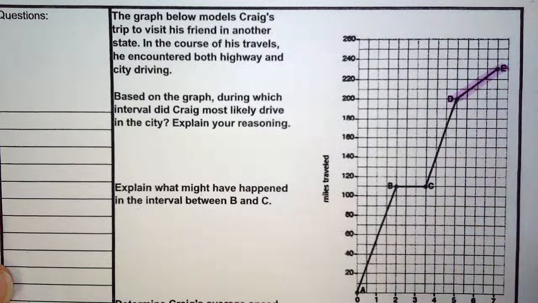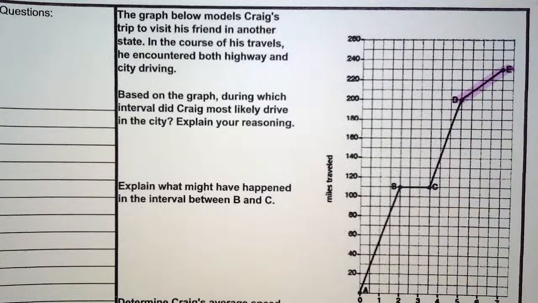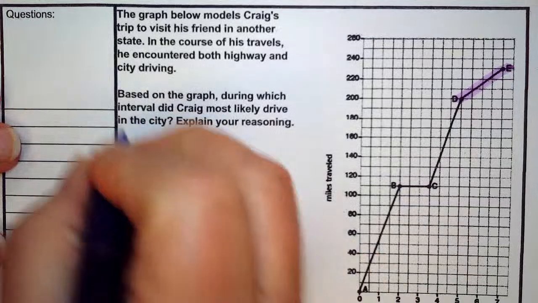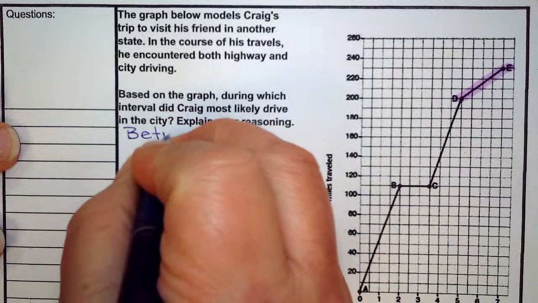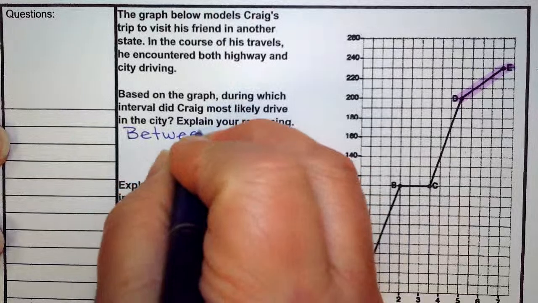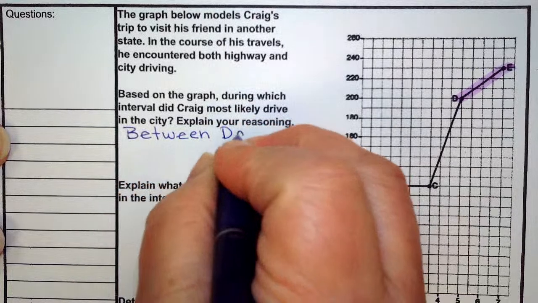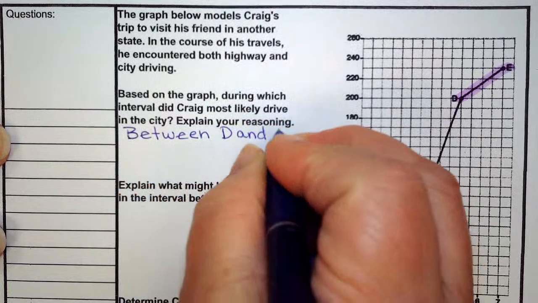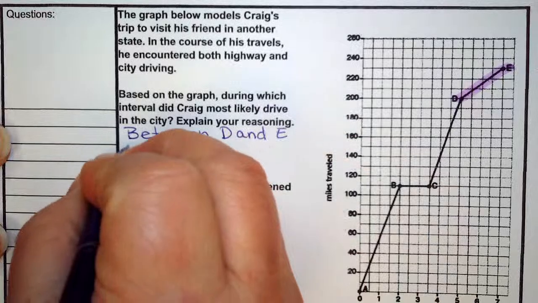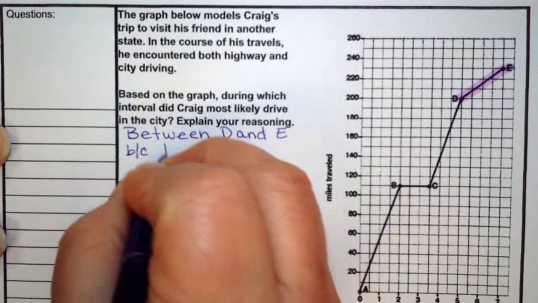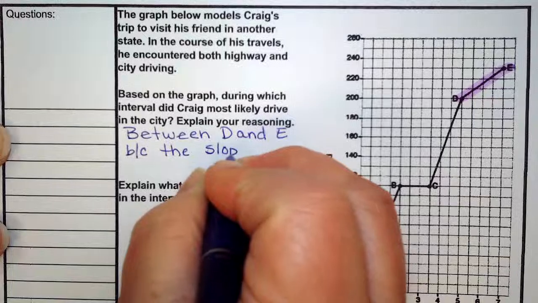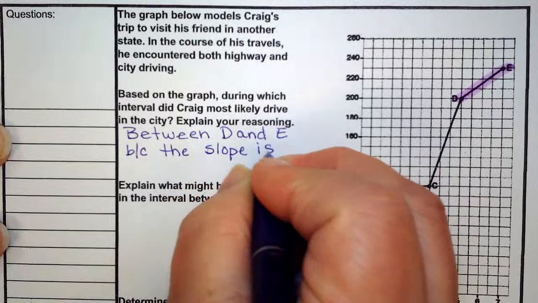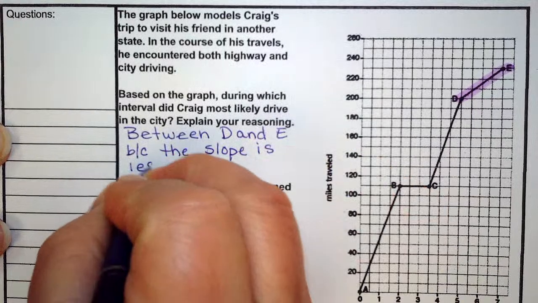This is your smaller slope. So it's between D and E. And this is because the slope is less steep.